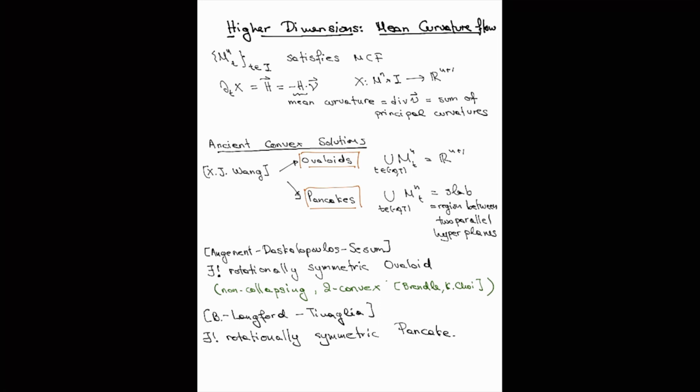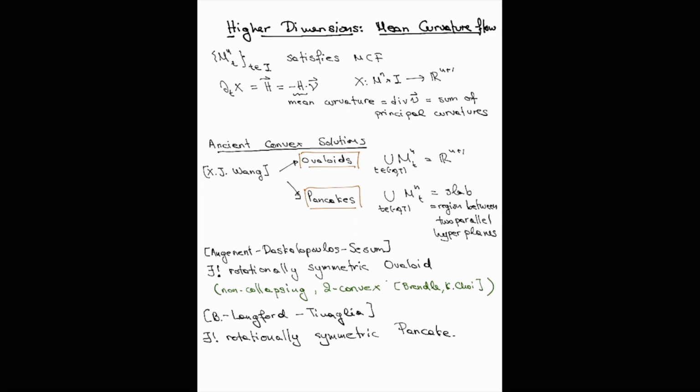Now there's big interest in classifying these solutions. The ovaloids are better understood than pancakes at the moment, because it is known, by a theorem of Angenent, Daskalopoulos and Sesum, that there exists a unique rotation symmetric ovaloid.